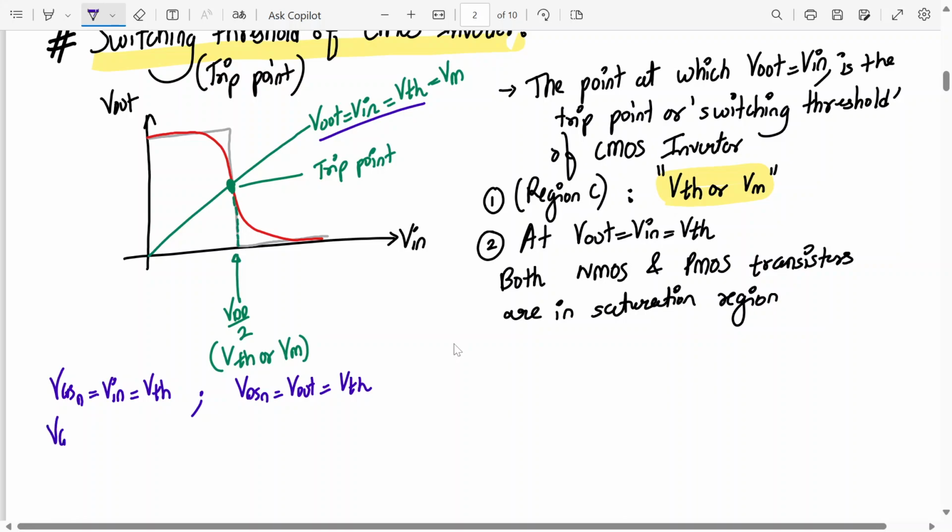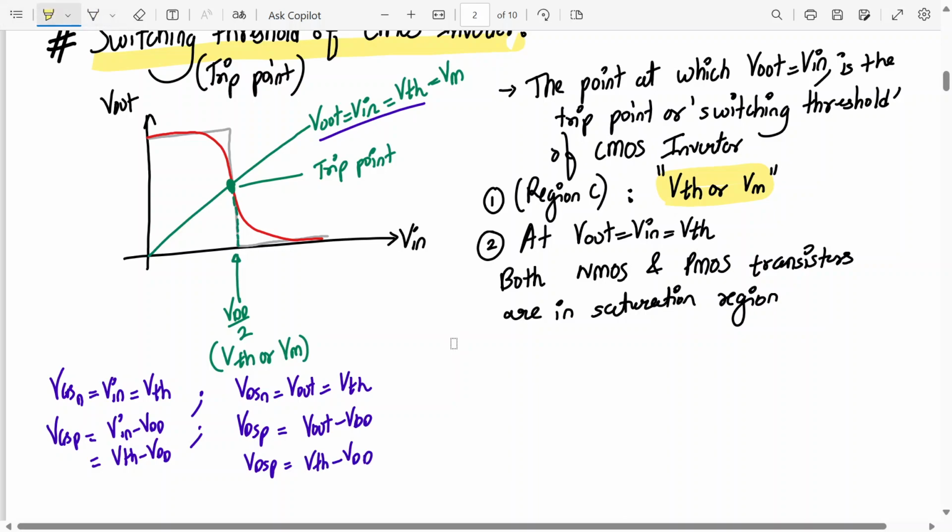Then VGSP is equal to V in minus VDD, so it's VTH minus VDD. VDSP is V out minus VDD. These were the constraints which we have written a little while earlier. So V out is VTH, so it's VTH minus VDD.